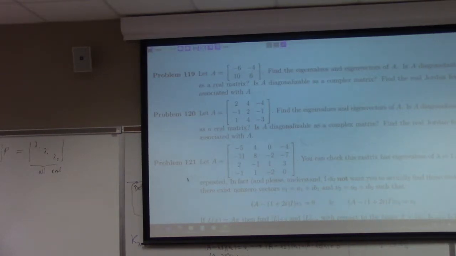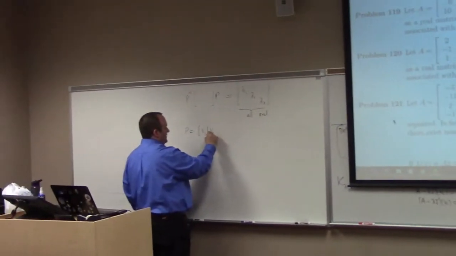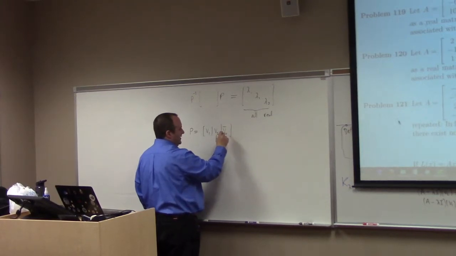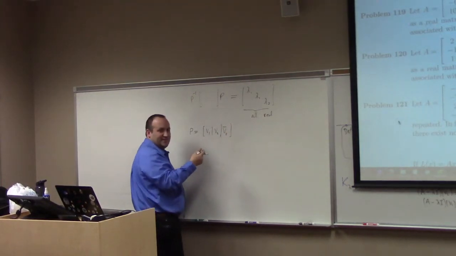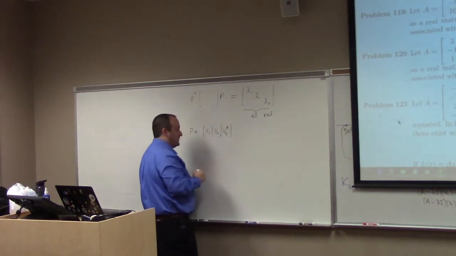You could put P equal to V1, V2, and V2 conjugate, if you like. I forget if I'm using stars or bars, but stars or whatever your complex conjugate notation is.